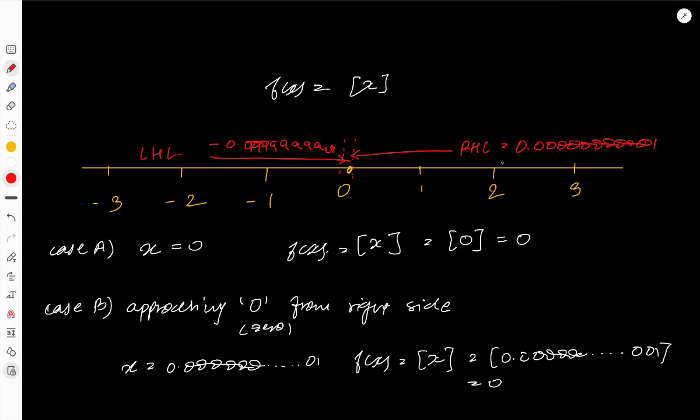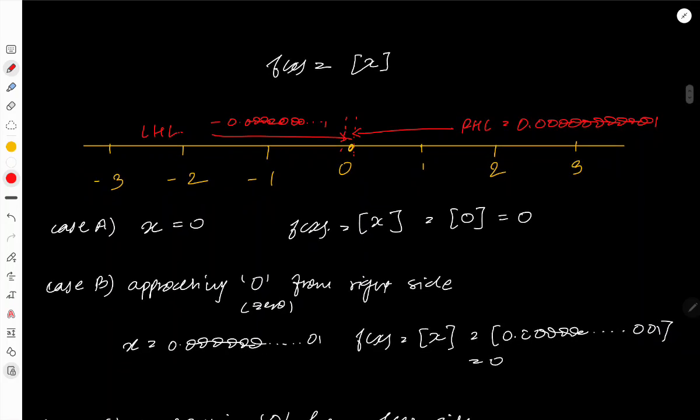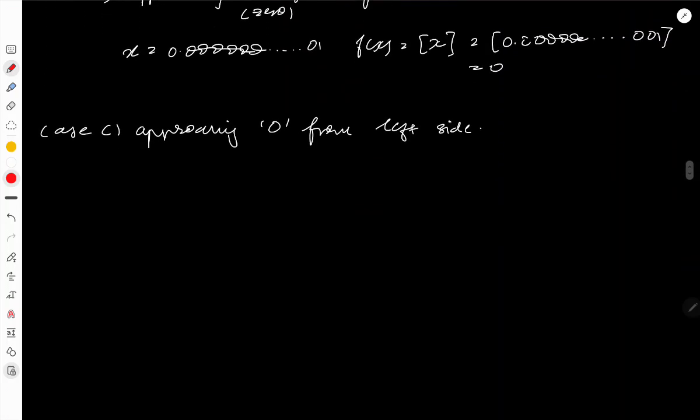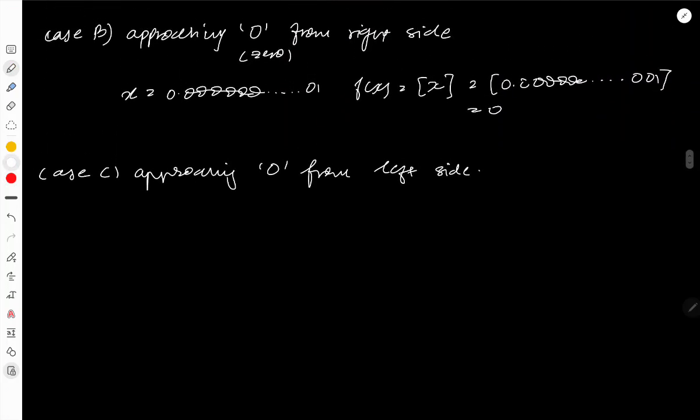Just a minute, it can't be 0.9 actually. The number just beside 0 would be minus 0.000001.